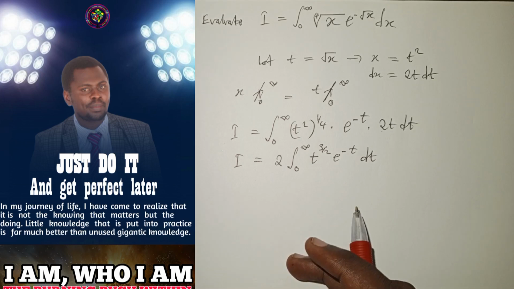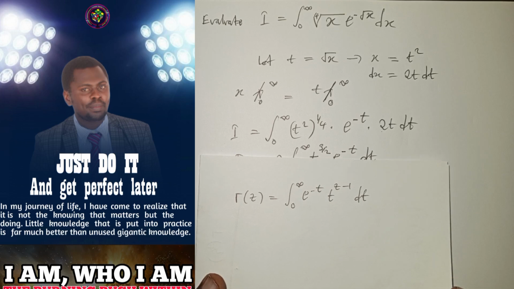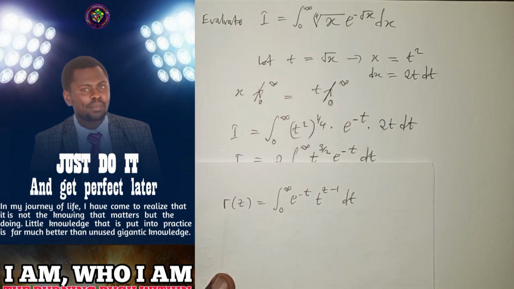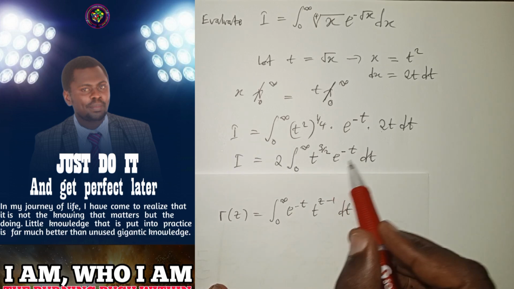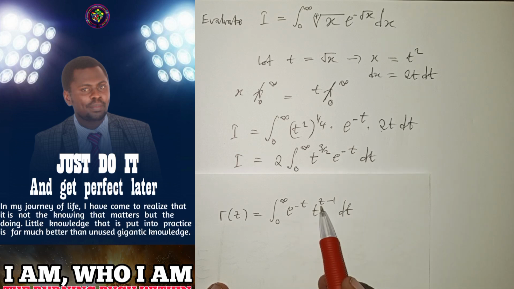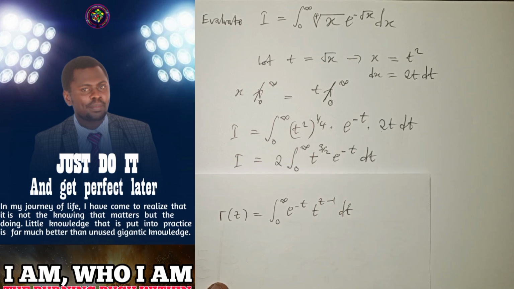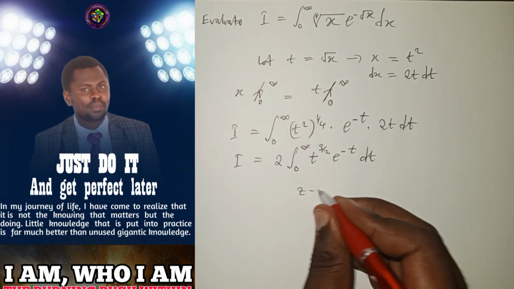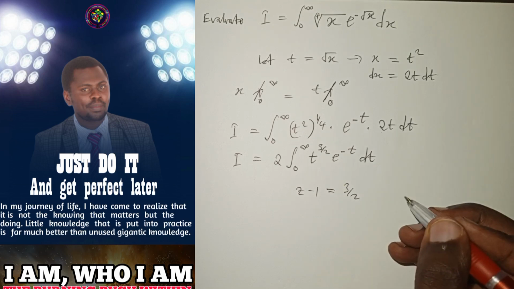So now here we can see that this is now similar to the definition for gamma function, the definite integral definition. We have exponent of minus t, then t is to the power z minus 1. So it's just a matter of letting z minus 1 equal to 3 over 2. Then we solve for z.